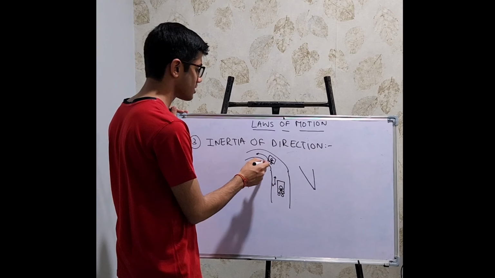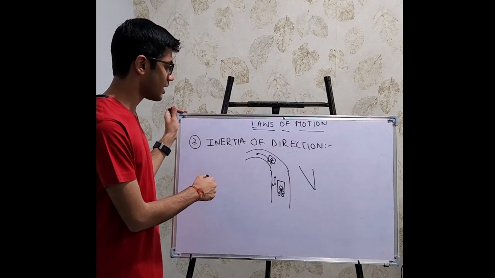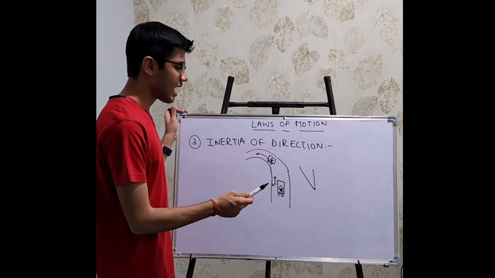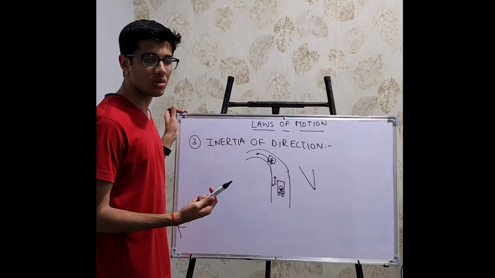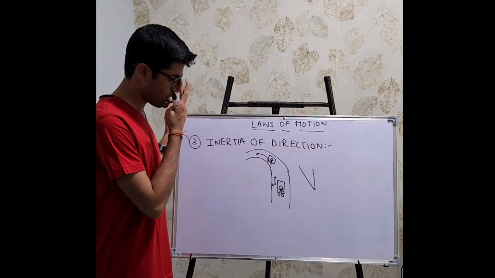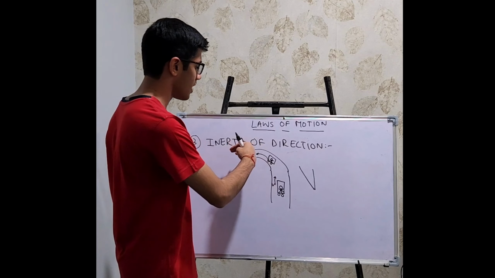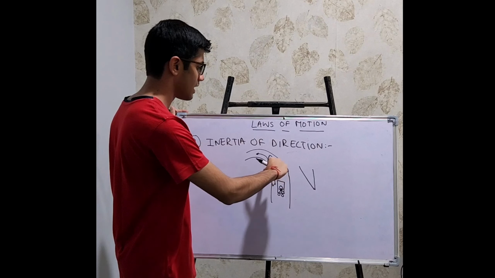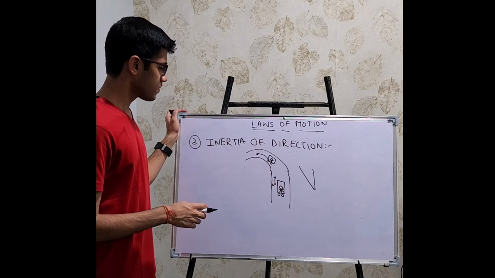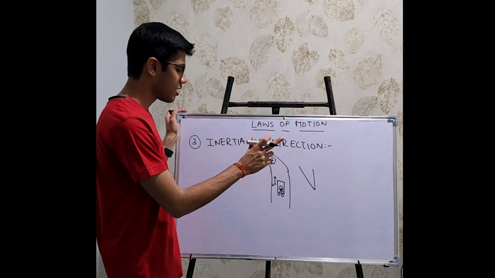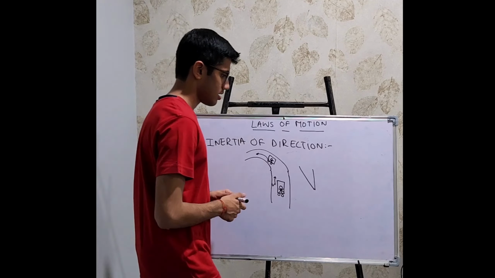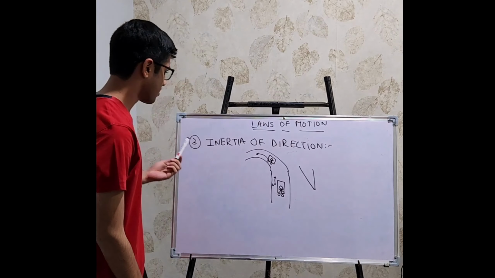That means if the car is negotiating a curve on the left hand side, we will experience a jerk on the right hand side. As we can see also when we go on the road and there's a sharp curve coming ahead, if the curve is directed towards the left hand side, we experience a jerk on the right hand side. On the other hand, if the curve is directed towards the right hand side, we experience a jerk towards the left hand side. I hope that this is clear.